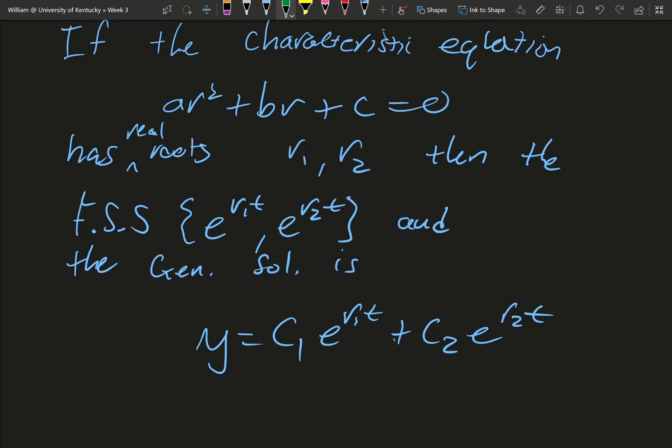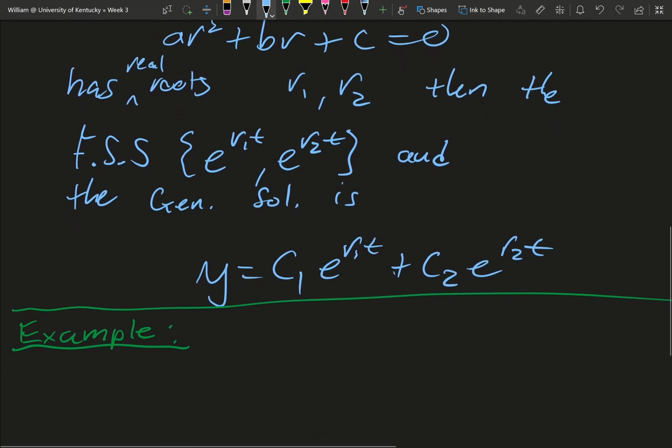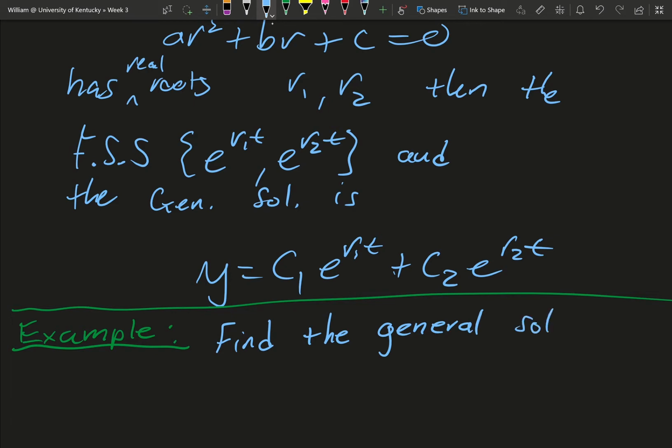All right. So let's just do one more example, a little bit more practice never hurt. So let's find the general solution to y double prime minus 6y prime plus 9y equals 0.